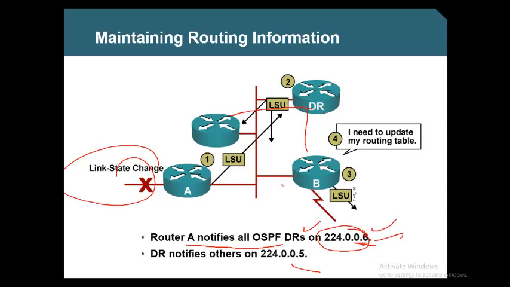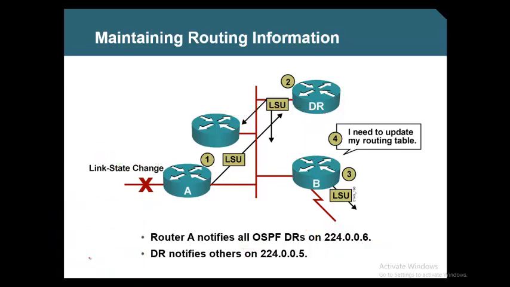Yeah. So there are two multicast addresses in this Ethernet environment, in this multi-point environment. Two multicast addresses, 6 and 5. 6 is the address used to send updates to DR. 5 is the address that will be used by DR in order to send update to others.